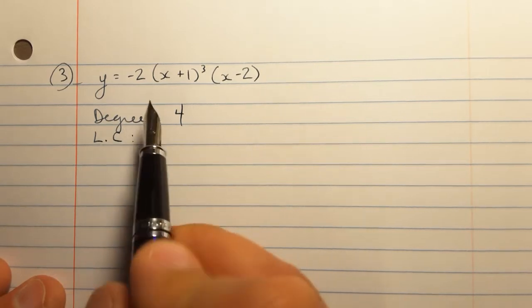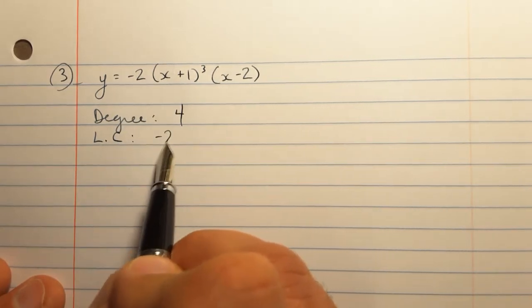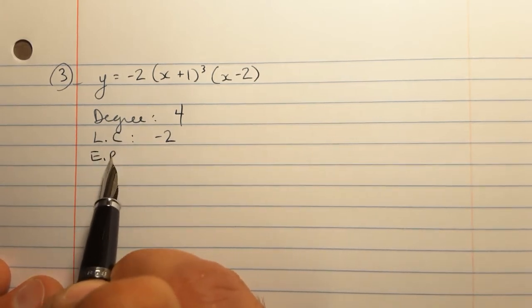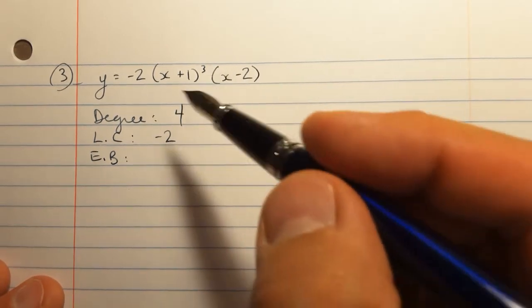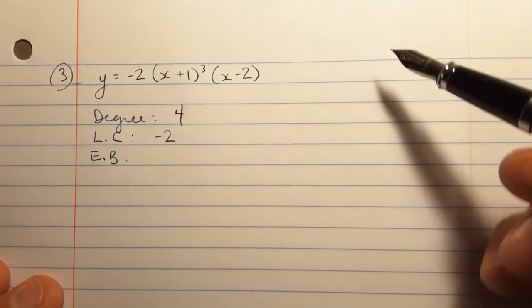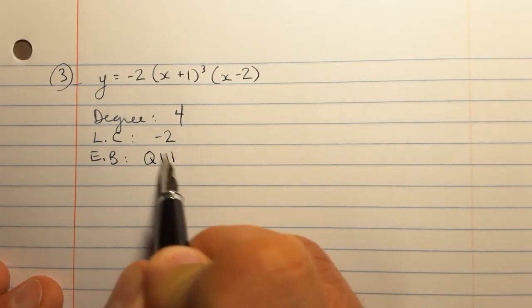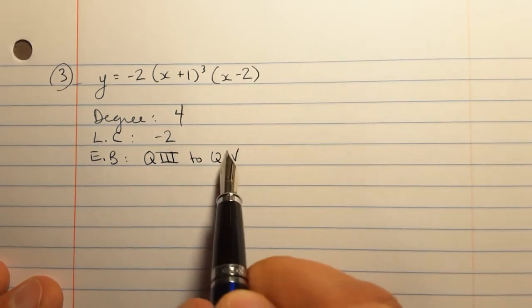Leading coefficient, everything's nice in here, and so we have negative 2. That's nice. And so that means the end behavior, well, degree 4 would go top left to top right, except it's been flipped over. So it's bottom left to bottom right.